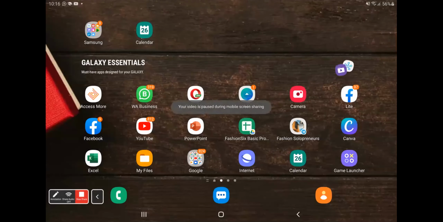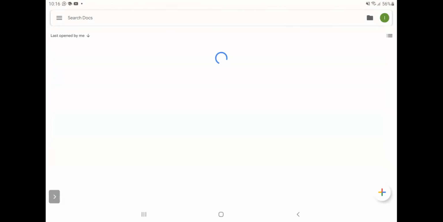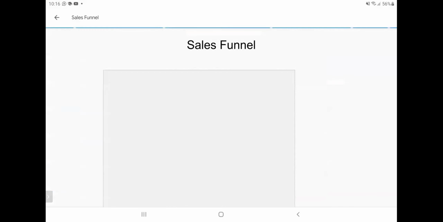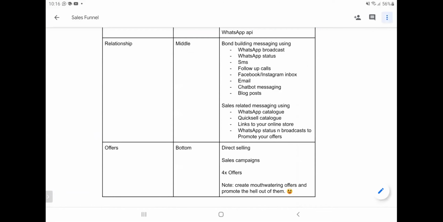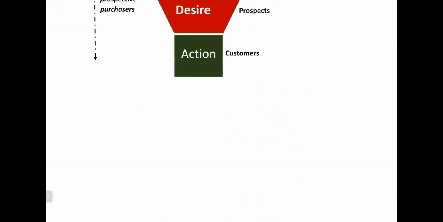The screen sharing, and we go to document, and we have here the document. So this is our working document for working with the sales funnel.